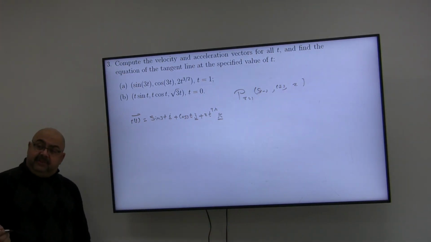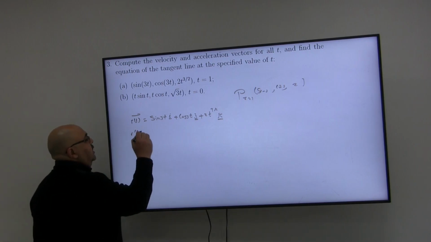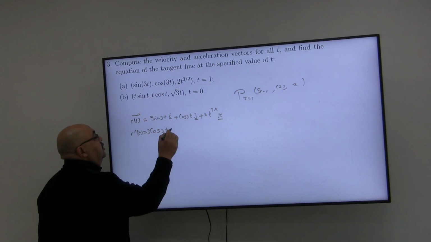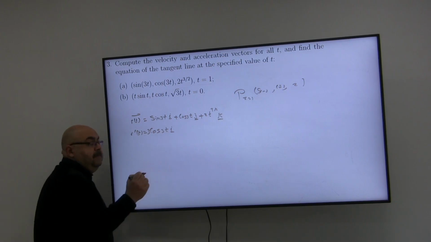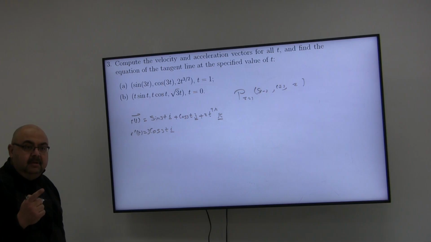In order to get the vector, Faisal, I will have to differentiate. So r dash t is going to be 3 cosine 3t. Do you have a problem in differentiation? Miss Nada, can you differentiate cosine 3t for me?